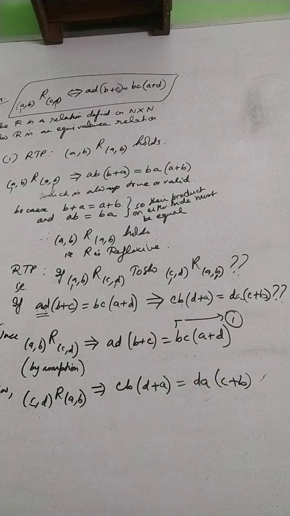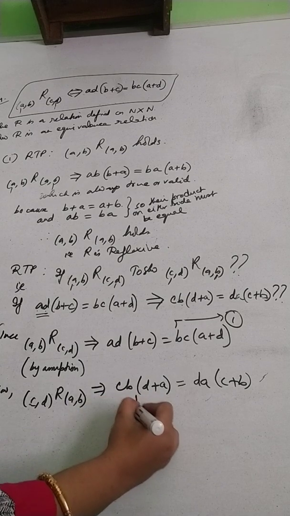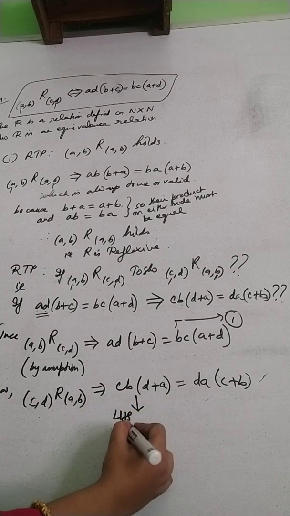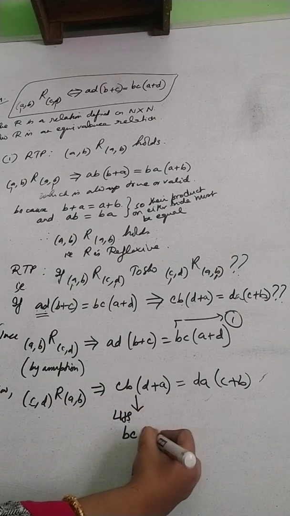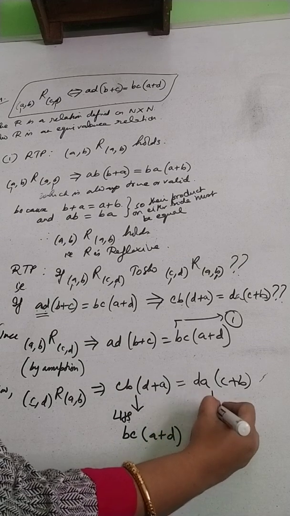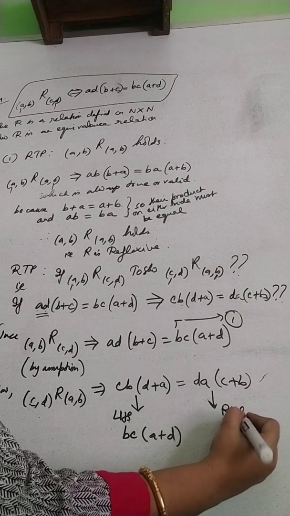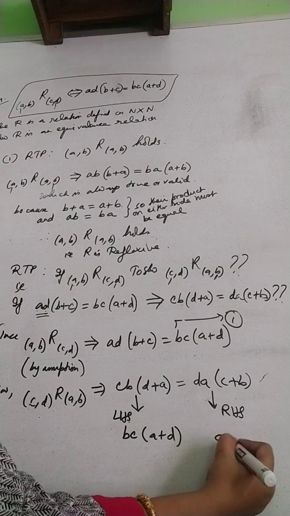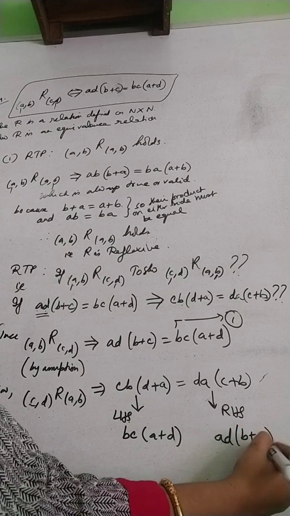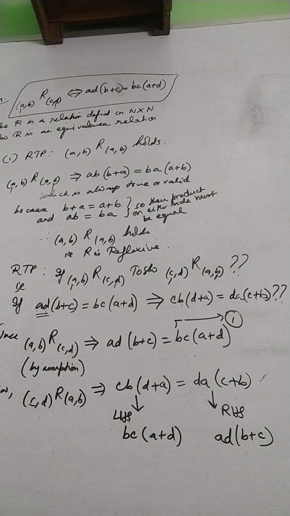Is it true or not? That is what we will say. Okay. This LHS over here can be written as BC into A plus D. And this relation over here, RHS, can be written as AD into B plus C. Why? Because multiplication and addition are commutative.